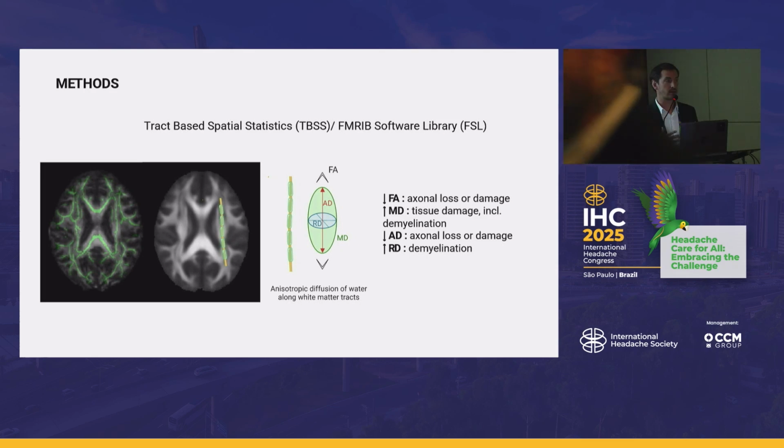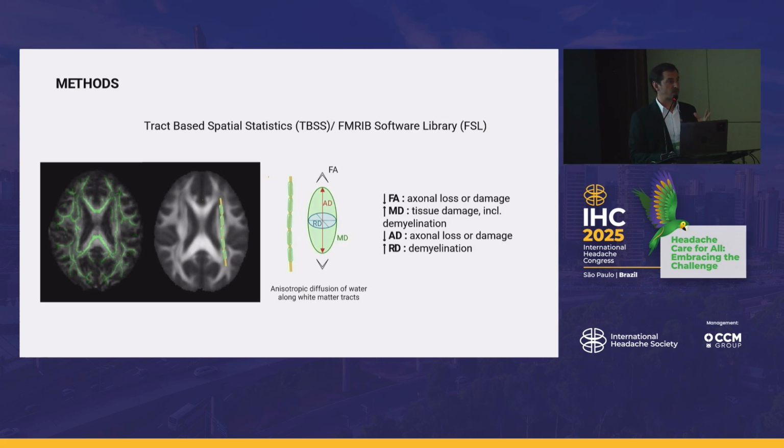So we can calculate a fraction of anisotropy, we can calculate the diffusion along the white matter tract, which is the axial diffusivity, orthogonal to the fibers, which is the radial diffusivity, and also we can calculate the mean diffusivity. With that, DTI can calculate and build a skeleton of white matter fibers in the brain, and also analyze the integrity of these white matter fibers.